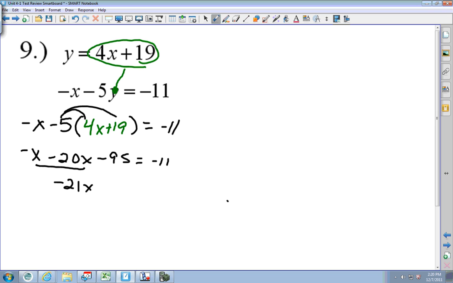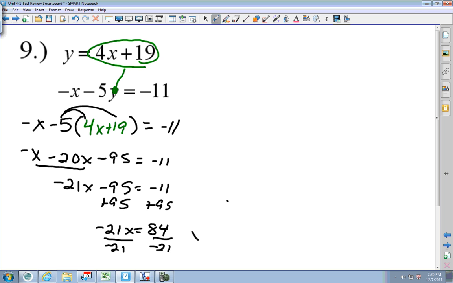Negative 21x minus 95 is negative 11. Add 95 to each side. Negative 21x equals 84. Divide by negative 21. X equals negative 4. So my solution, my x number is negative 4. Well, let's bring down the y.